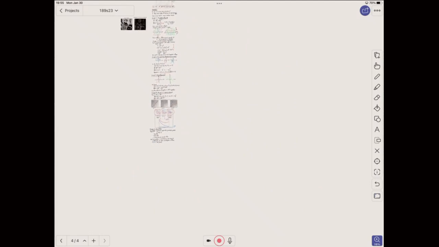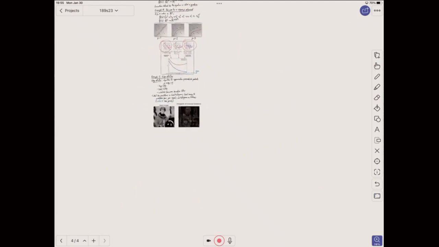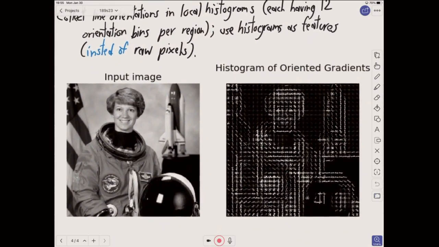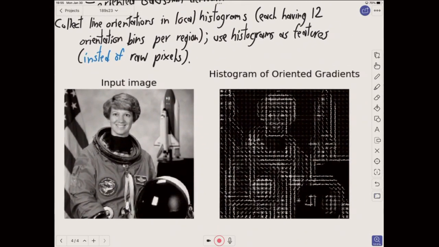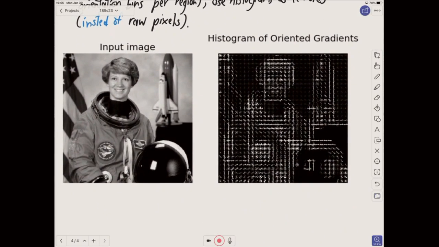To give you a rough idea of what these histograms are, let's look at two images. On the left, we have a photograph. On the right, you see that we've divided that photograph into small square patches. And then within each of those patches, we're trying to figure out, are there edges with a particular orientation? So for instance, at that little patch there, it looks like we think that there's an edge oriented like that, but it might also be oriented like that.